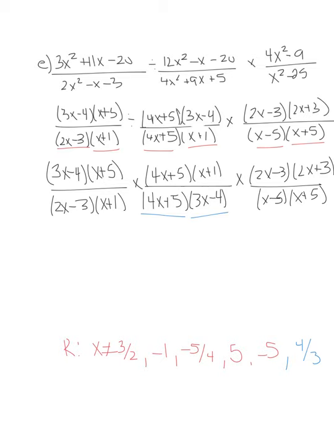At this time, I am able to cancel out anything possible, so I've got a 3x minus 4, a 4x plus 5, an x plus 5, an x plus 1, a 2x minus 3, and after all of this, I'm going to be left with 2x plus 3 over x minus 5 with all 6 of these restrictions that are listed at the bottom here.